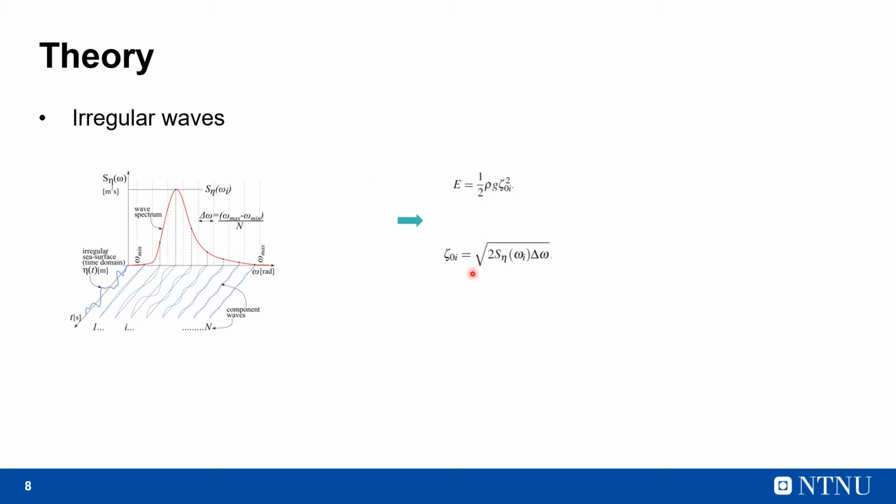Extending this to the complete spectrum, we can find the amplitude associated with each of the regular wave components. And once this is known, we can then represent the total velocity potential as the sum of velocity potential due to the individual waves. All the other wave properties follow the superposition principle and can be determined.